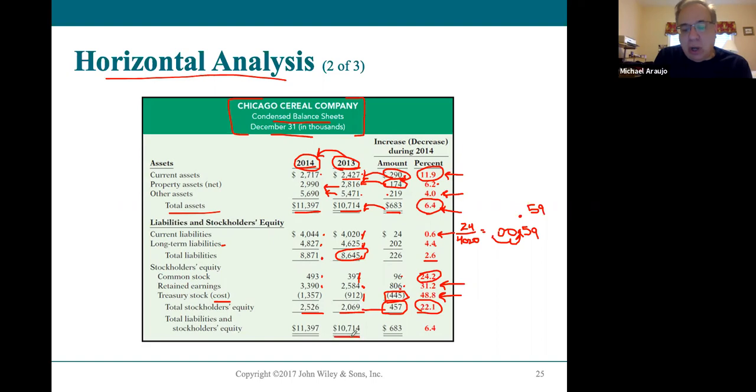Once you total up the liabilities and equity and you compare year to year, you had a $683 difference divided by a base of 10,714, which meant that total liabilities and stockholders' equity increased 6.4%. It should match. Okay.